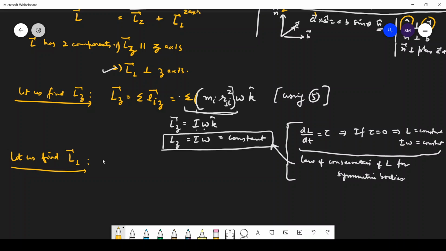So now we are considering the rigid body. This law also comes later, after this discussion. So now we are considering a special case in which the rigid body is symmetric about the axis of rotation. So consider the rigid body.